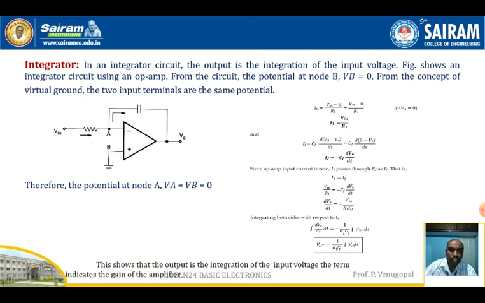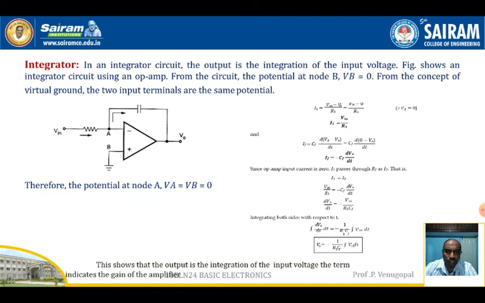Then dV0 by dt is equal to minus Vin divided by R1 into CF. Integrating both sides with respect to t, the integration of dV0 by dt into dt is equal to minus 1 by R1 CF into the integration of Vin into dt, where the integration of dV0 by dt into dt is nothing but V0.